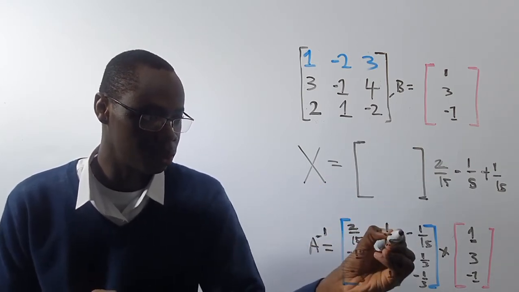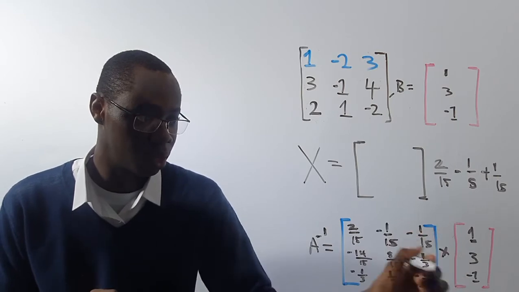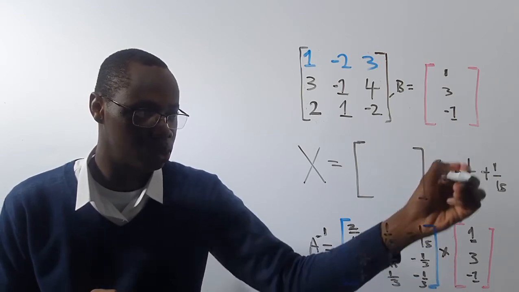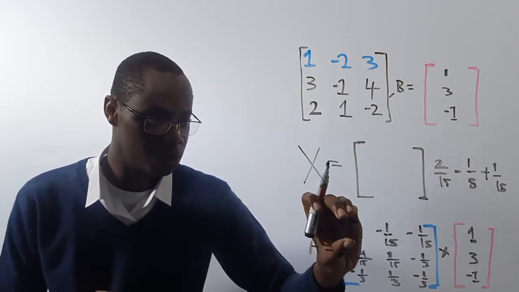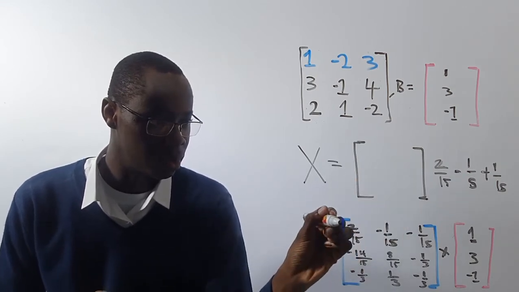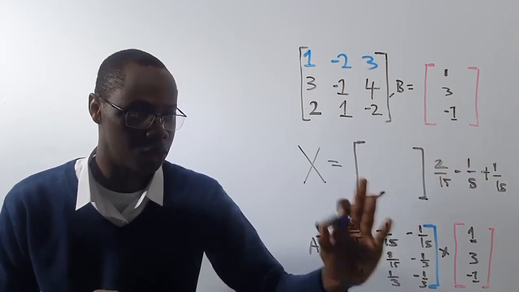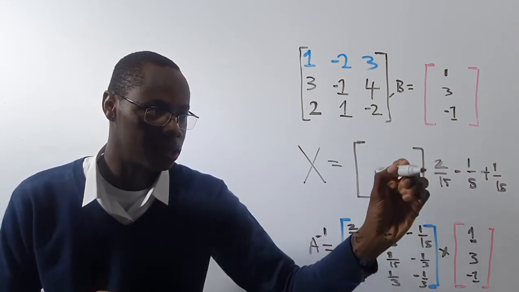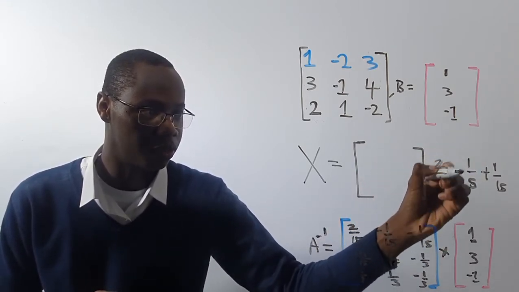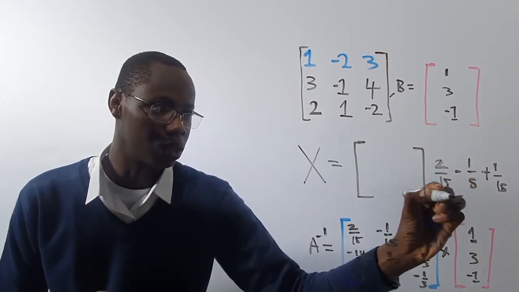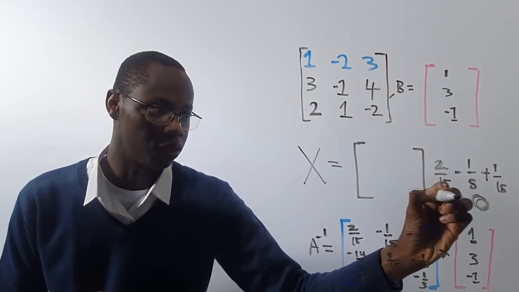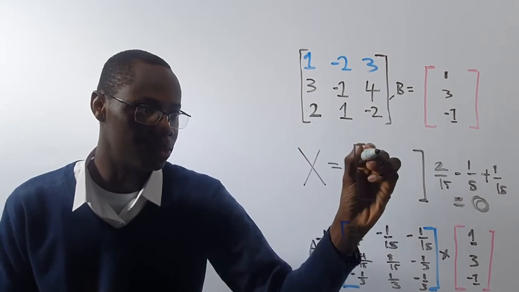So the last one, -1 over 15 times 1 times -1, sorry, that will be plus 1 over 15, right? So multiply every element here, 1, 2, 3, by 1, 2, 3, and add and subtract them. So once you do that, 2 over 15 minus 1 over 5 plus 1 over 15, that is equal to 0. So our first element here is 0.